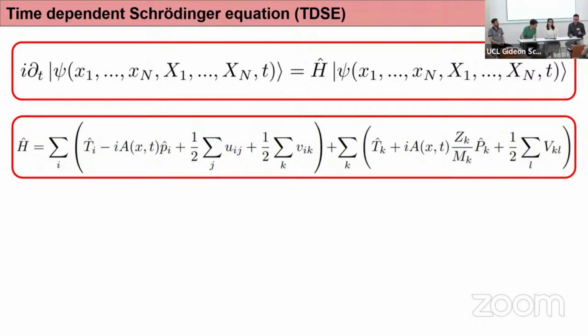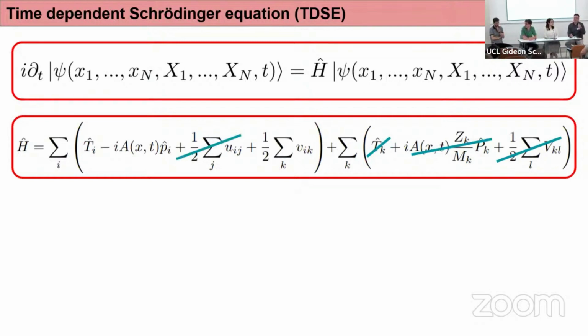But you can bring this Hamiltonian to the single active electron picture by either neglecting some interactions or averaging them away. So you can start by neglecting or averaging the interaction among the nuclei. Also, you can neglect the motion of the nuclei altogether, and then you can also either average or remove the interaction among the electrons.